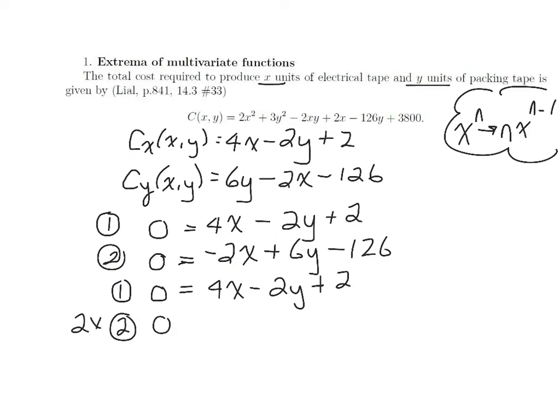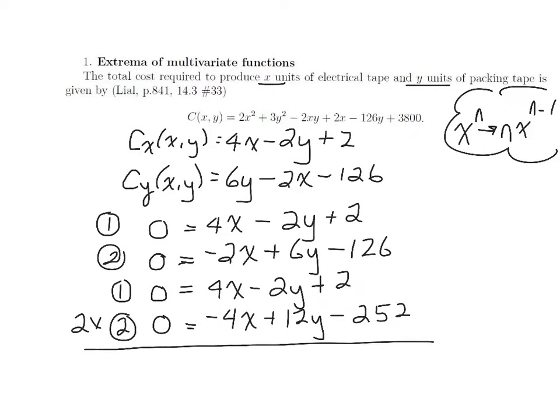So minus 2 times 2 is minus 4x, plus 6y times 2 is plus 12y, and we have minus 126 times 2 is minus 252, and I'm going to add them together. I'm adding them together in order to eliminate one of the variables, and in this case we'll be eliminating the x, because 4x plus minus 4x gives us 0x.